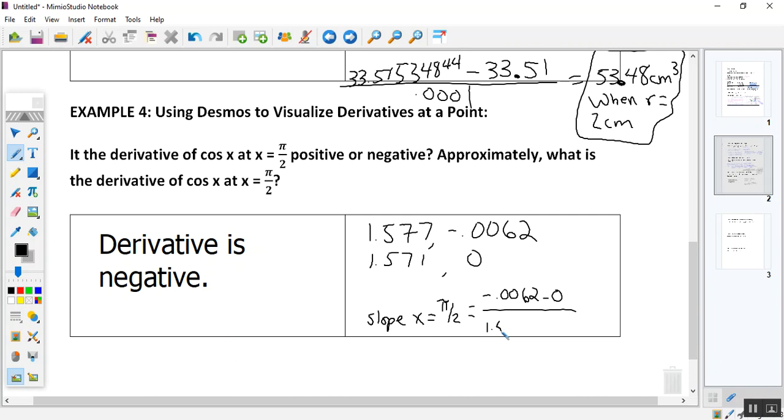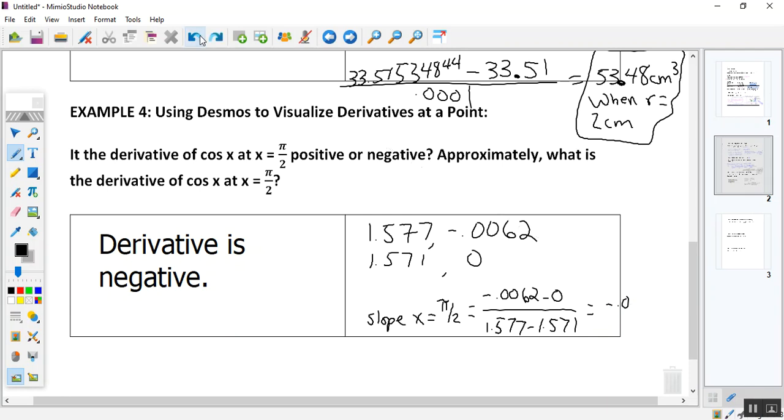Well, isn't that 1.577 minus 1.571, where 1.571 came from what? Where did the 1.571 come from? Pi over 2. Okay, so this is about negative 0.0062.